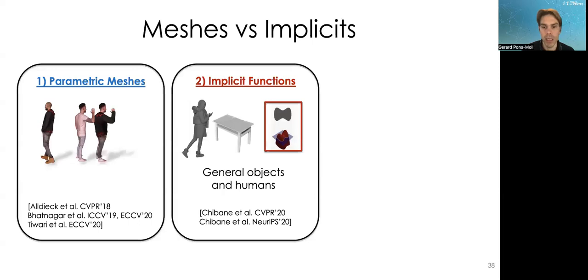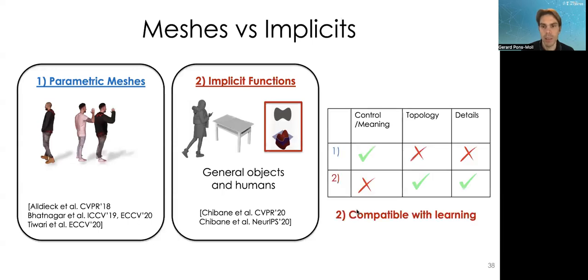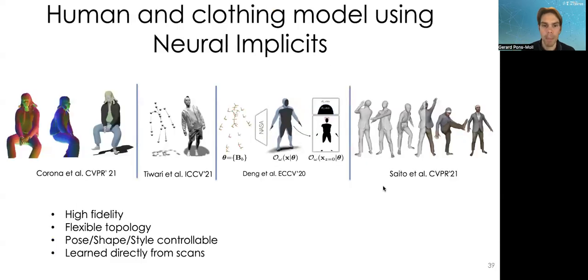If you recall, we were seeing this comparison of parametric meshes versus implicit functions, and we saw that implicit surfaces are convenient for topology changes, and they are also more amenable for learning because they allow you to make predictions per point.